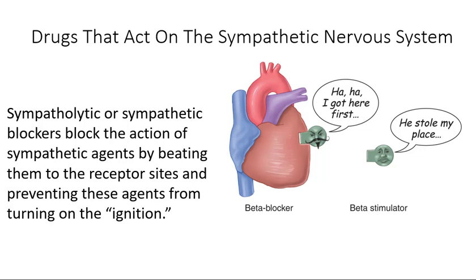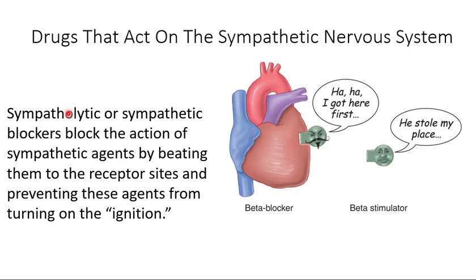So as you look at this word here, sympatholytic, lytic means to cut or to remove, or to block, all right? So sympatholytic means that we're going to block the sympathetic nervous system.